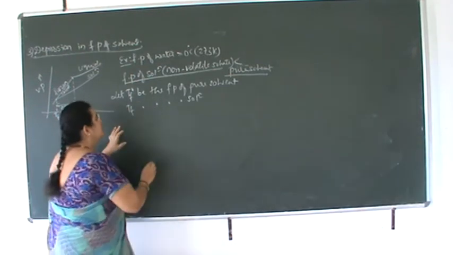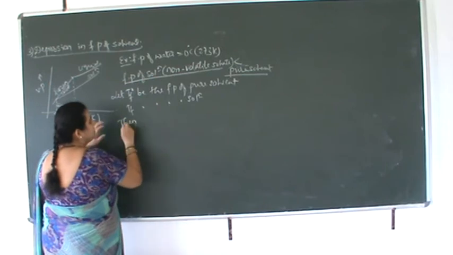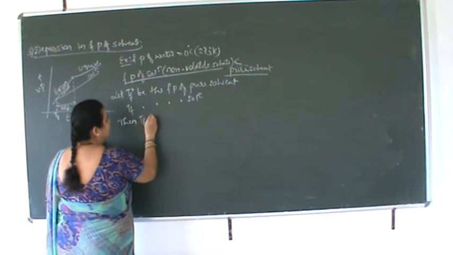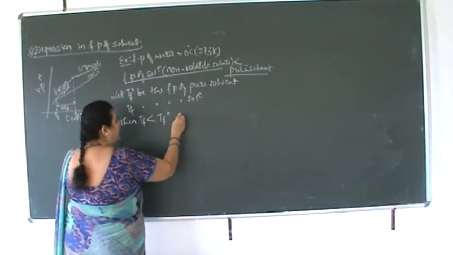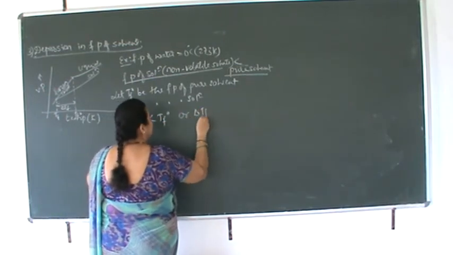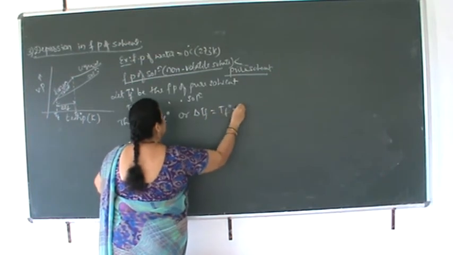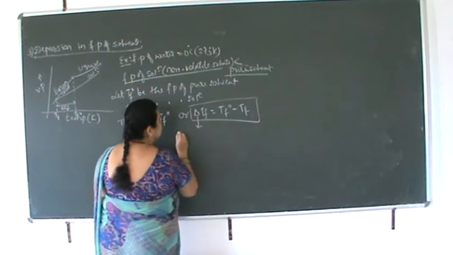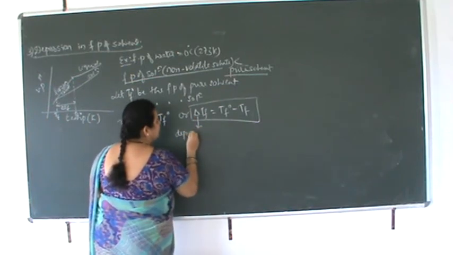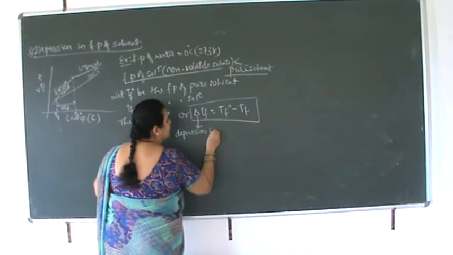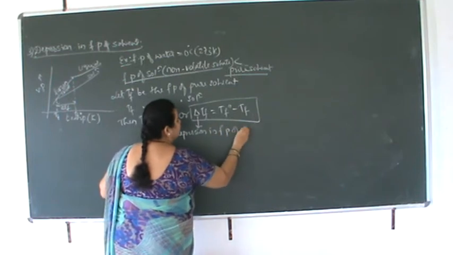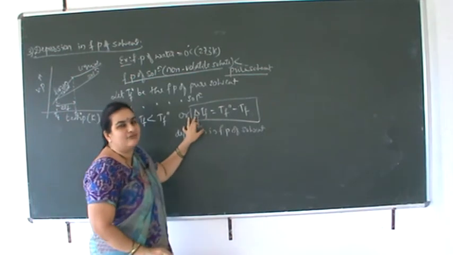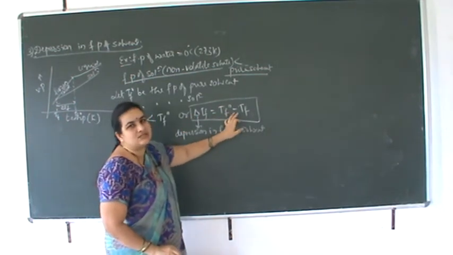And so, the freezing point of the solution TF is less than TF naught, or we can write delta TF is equal to TF naught minus TF. This is called depression in freezing point of solvent. This delta TF is equal to TF naught minus TF.